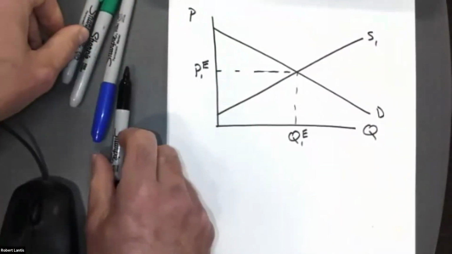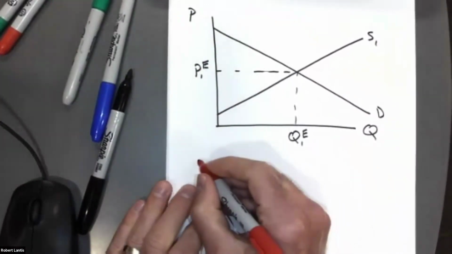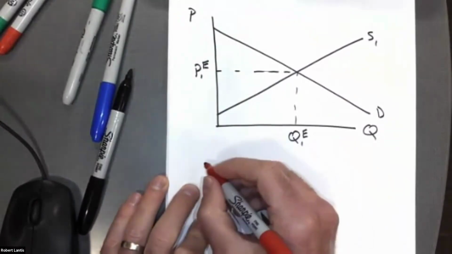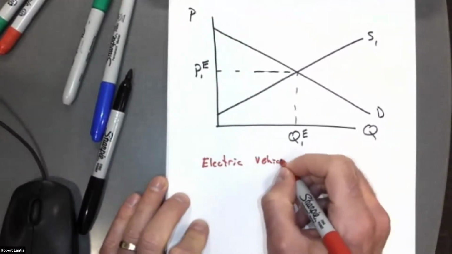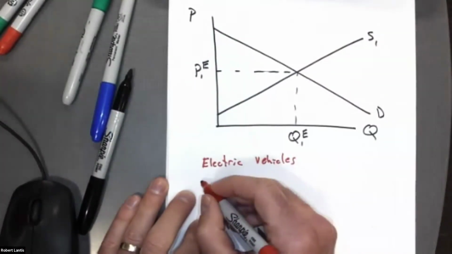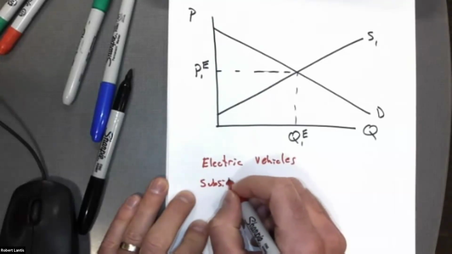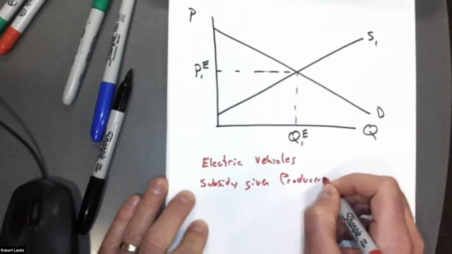Okay. So now we'll start out thinking about, okay, what if there's, we could do electric vehicles, right? So what if all of a sudden there is a subsidy given to the producers, right?